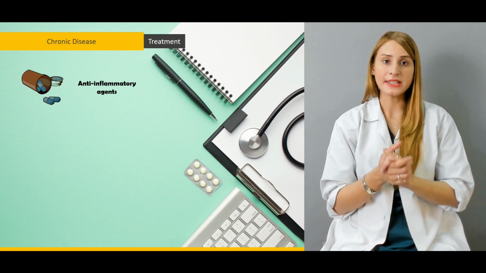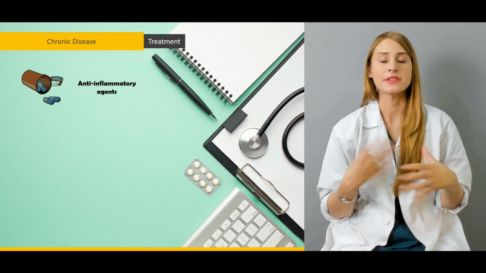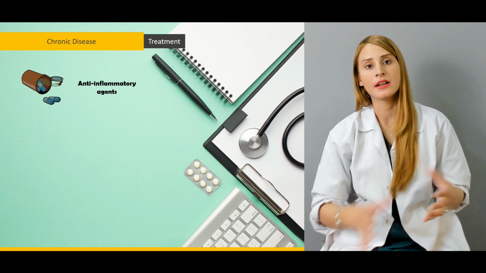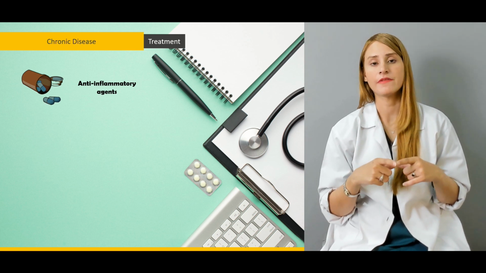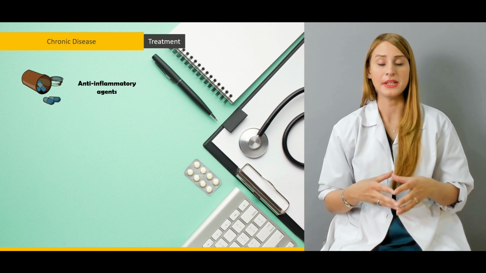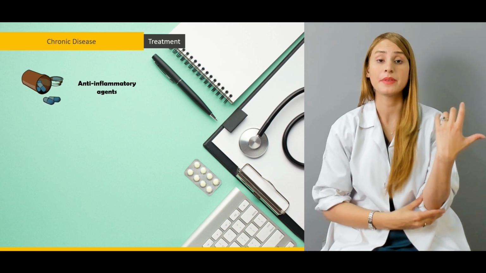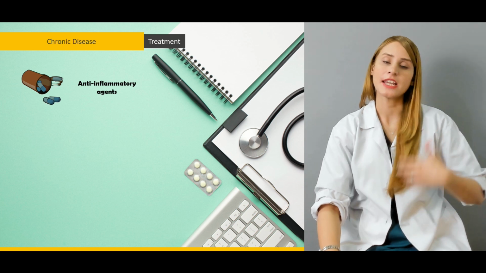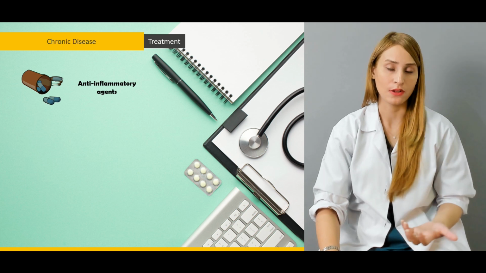So again, in case of chronic inflammatory processes like chronic epididymo-orchitis, you have to put the patient on anti-inflammatory agents. But in case of the acute infection, you put the patient on a 2-week antibiotic therapy. In case of the chronic inflammatory process, you have to treat for 4 to 6 weeks. Obviously, it will take a lot more time to resolve the old inflammation and the fibrosis.